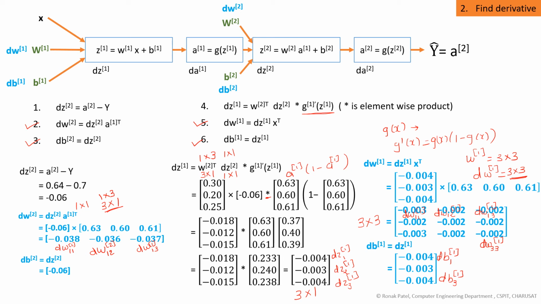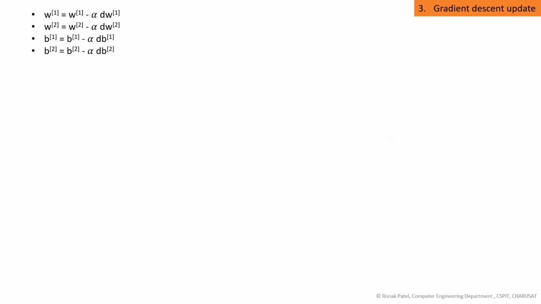So now what do we have? We have dW2, db2, dW1, and db1. So we have calculated the gradients. Now the next step is we need to update them.